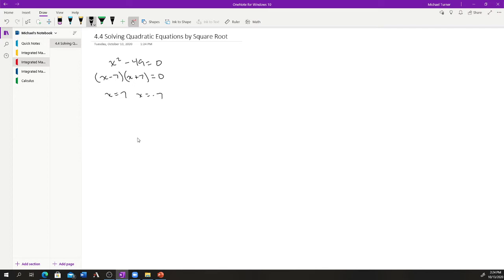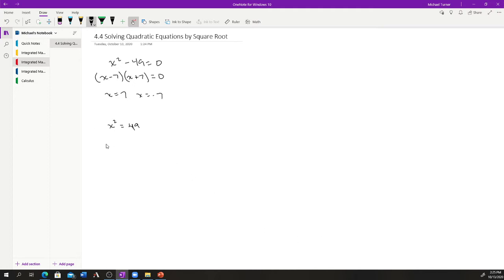And so looking at this same problem, rather than setting the quadratic equal to 0, I want to isolate my x term on one side and the constant on the other. Just like any other operation, addition, subtraction, multiplication, division, so long as we do the same thing to the left side that we do to the right side of the equation, then it stays balanced.